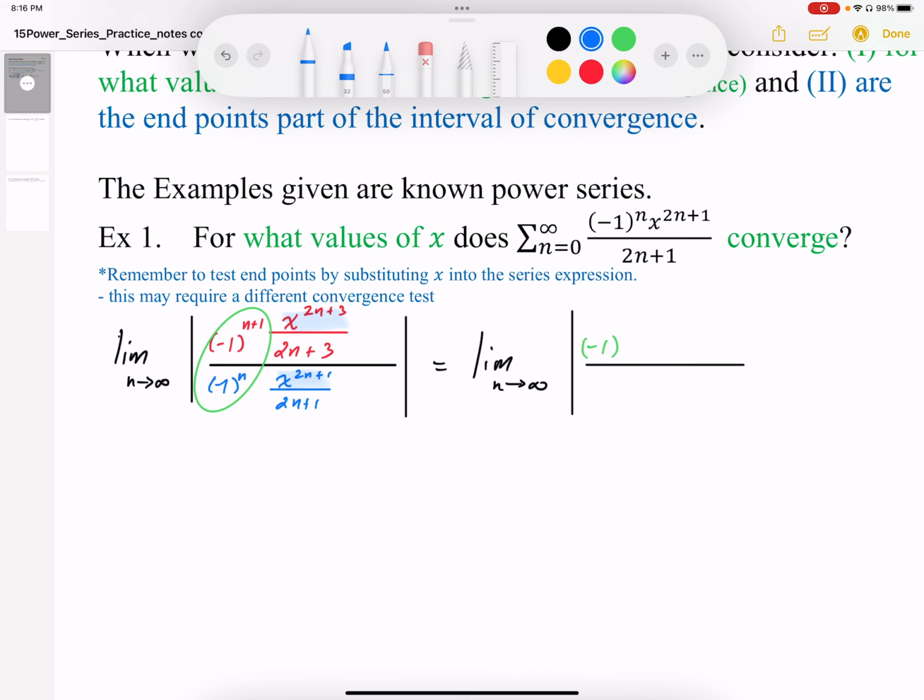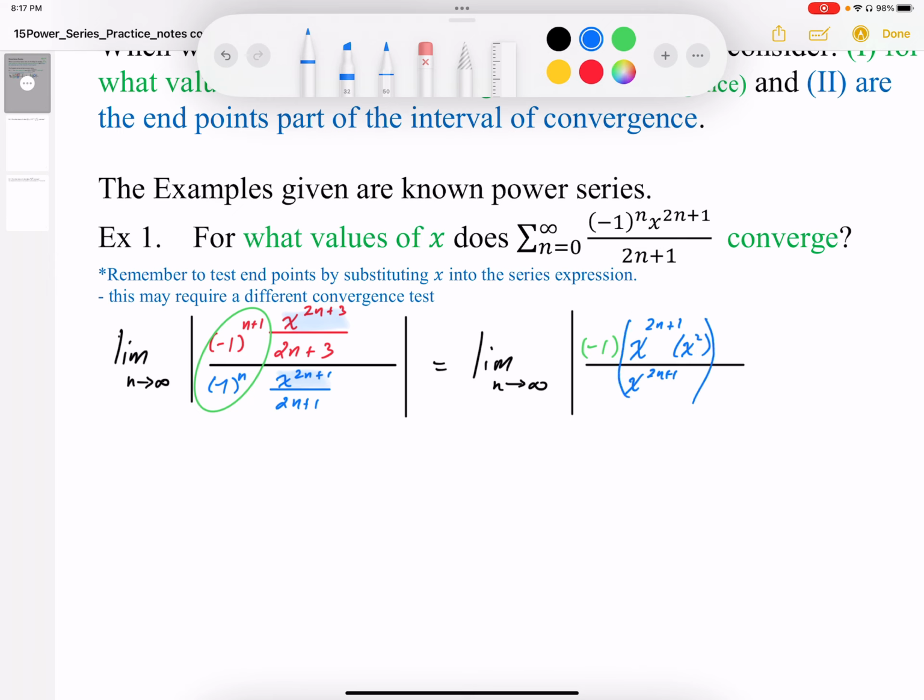So we end up with x to the power 2n plus 3. So I'm going to rewrite that as x to the power 2n plus 1 times x squared. So that's going to give me my 2n plus 3. And then in the denominator, I'm going to end up with x to the power 2n plus 1. Okay, so that's grouping those terms.